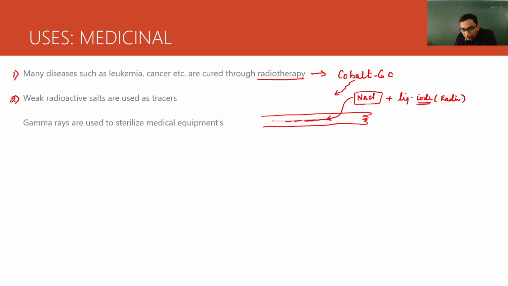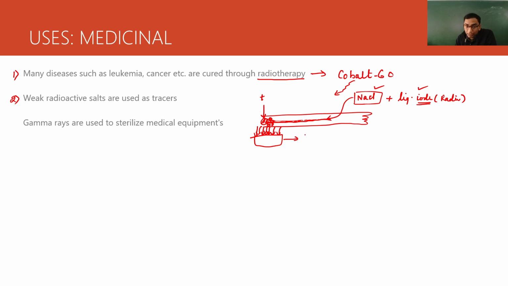So since it goes inside the human body along with this sodium chloride, this radioactive substance goes, and suppose here there is a lump, like a blockage or a tumor, something like that, then instead of passing through this tumor, the radioactive substances gather up around over here because they are unable to pass. Then if we keep a detector under it, and if we scan the whole area, then the amount of radiations coming out through this blocked part will be larger.